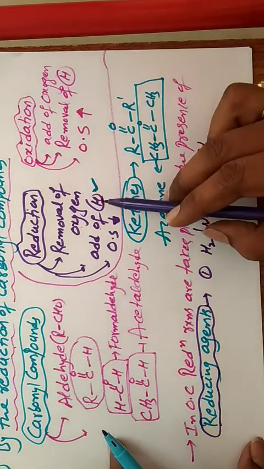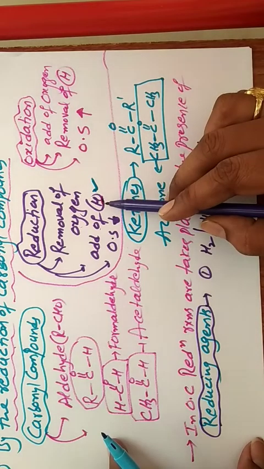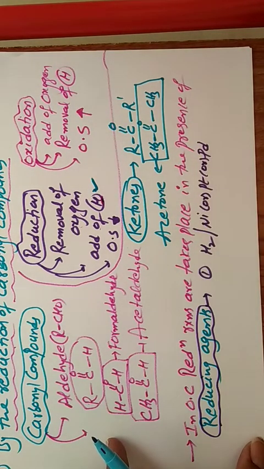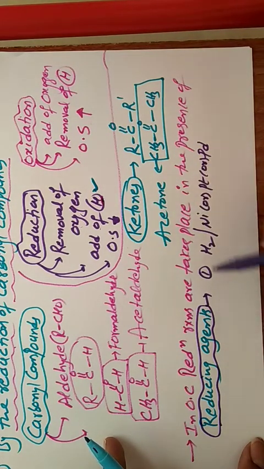With platinum and hydrogen, we can get a hydrogen atom. With palladium and hydrogen gas, we can get hydrogen atoms added. So this chemical combination releases the hydrogen atom. That's why it is called a reducing agent.